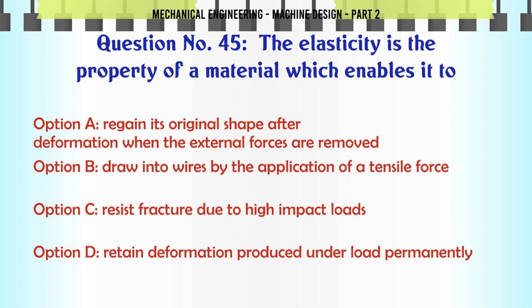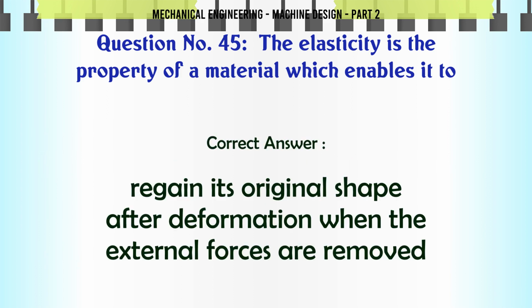B. Draw into wires by the application of a tensile force. C. Resist fracture due to high impact loads. D. Retain deformation produced under load permanently. The correct answer is regain its original shape after deformation when the external forces are removed.